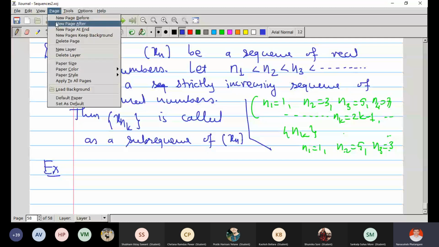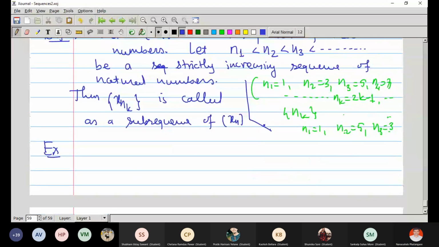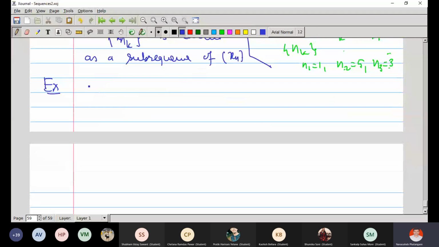Okay, let xn be equal to 1 by n. Look at this sequence. And now I will take nk equal to 2k. Right? k is a position, nk is 2k.